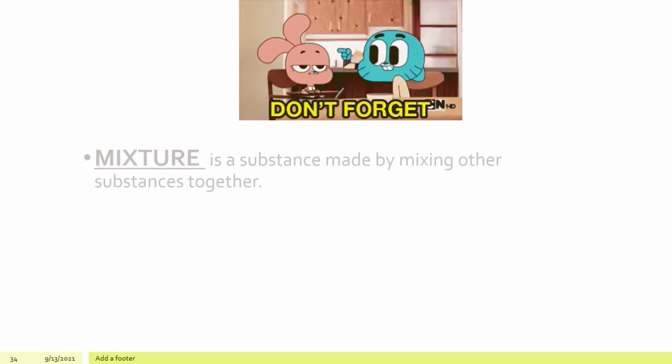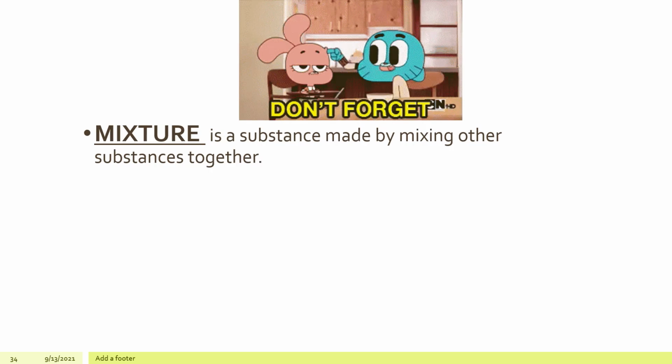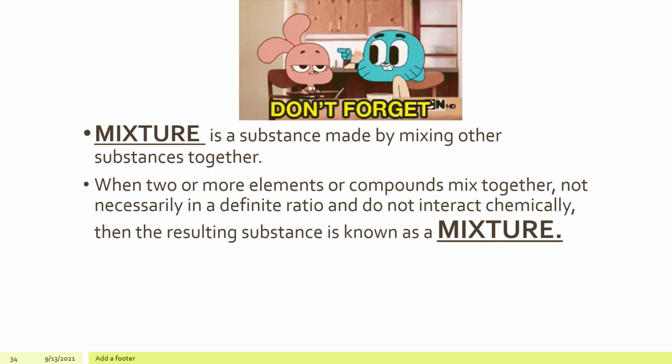Don't forget, a mixture is a substance made by mixing other substances together. When two or more elements or compounds mix together, not necessarily in a definite ratio, and do not interact chemically, then the resulting substance is known as a mixture.